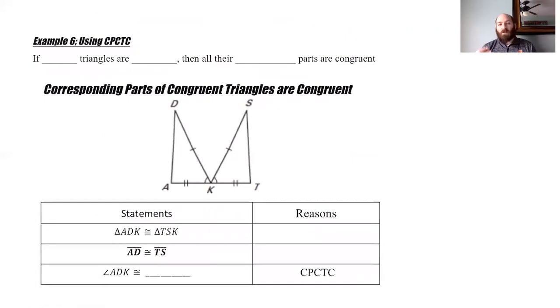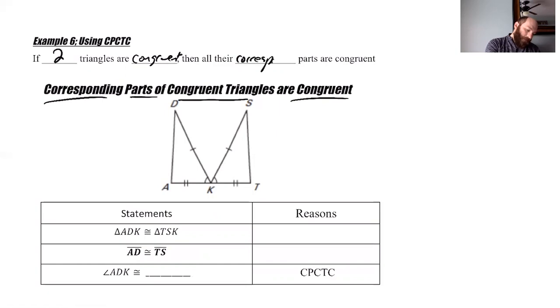The last thing is something that's called CPCTC. Corresponding parts of congruent triangles are congruent. So what that means is if two triangles are congruent, then all their corresponding parts are congruent. And so what that kind of means, let me just show this as a brief example here.